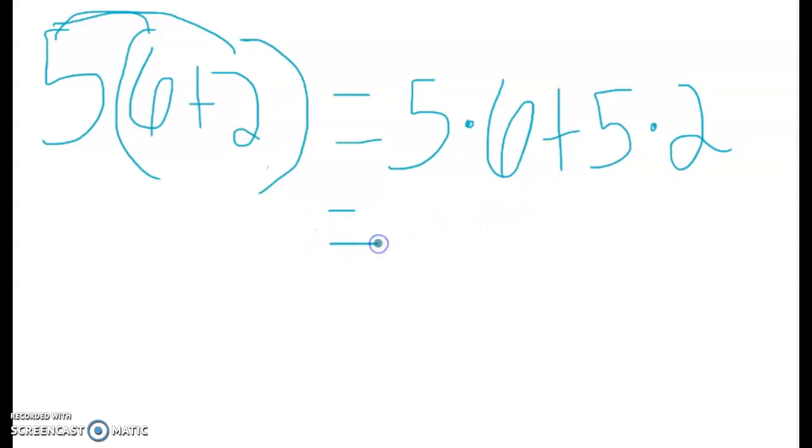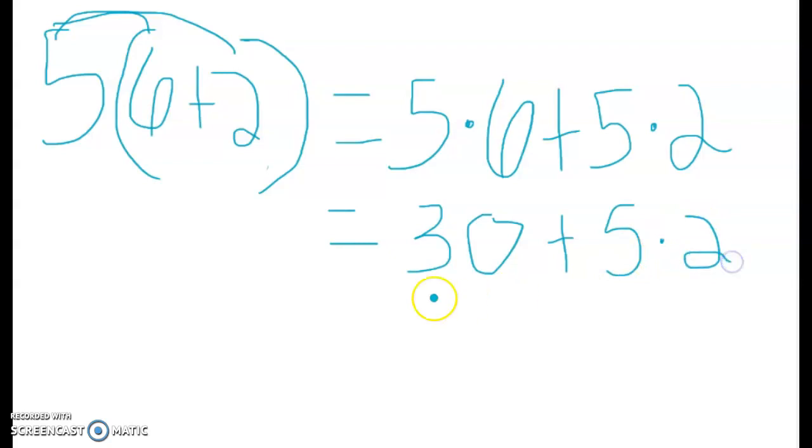We're going to start with our 5 times 6, which is 30. This will also help you know your multiplication facts. Then bring down our plus sign, and then we have 5 times 2. Now we have to do our order of operations.